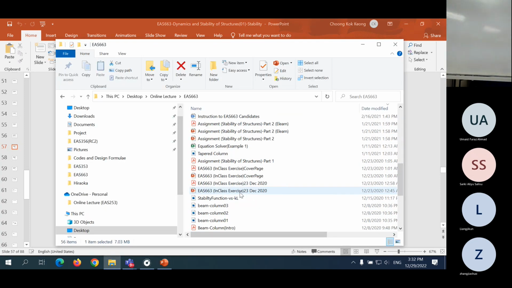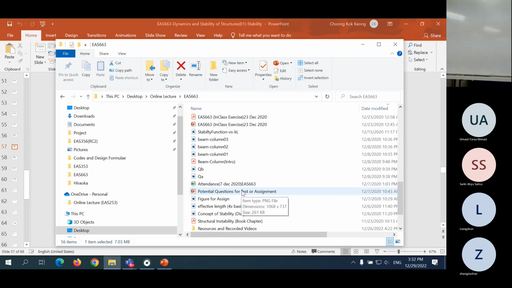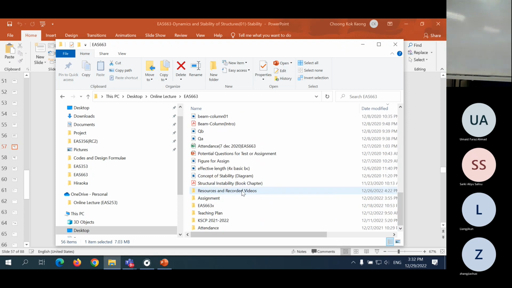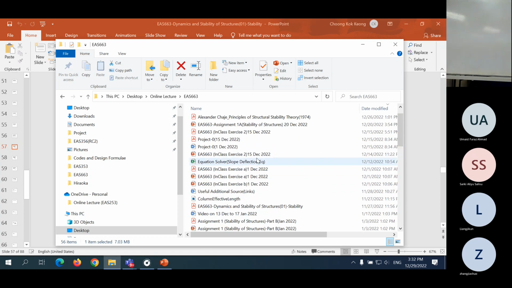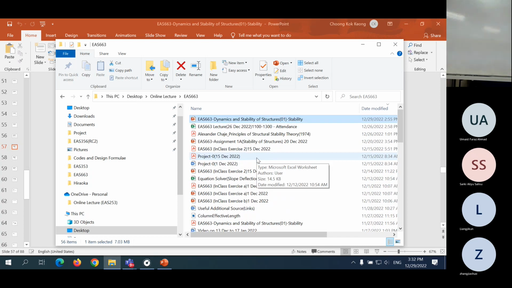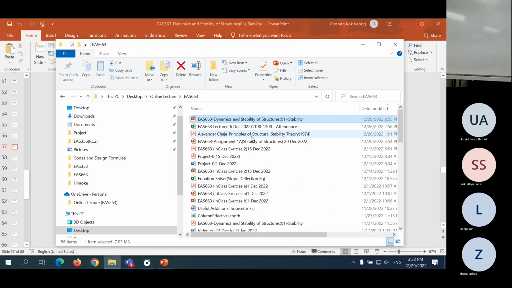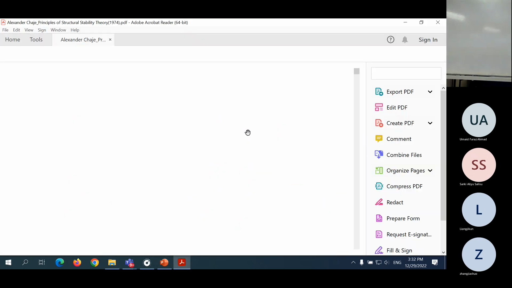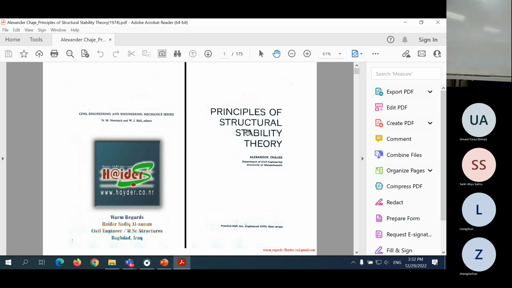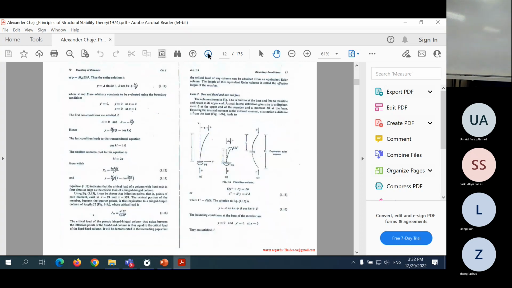Now, I will just go through with you the overall process of the derivations. We go through the relevant chapters there. This is chapter 3.